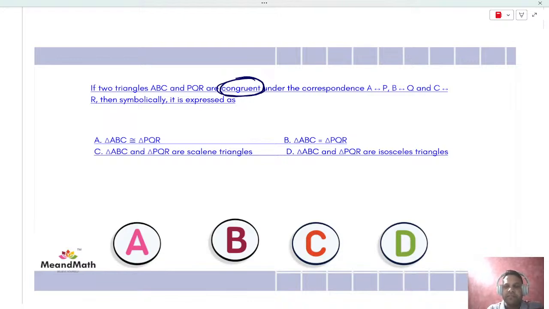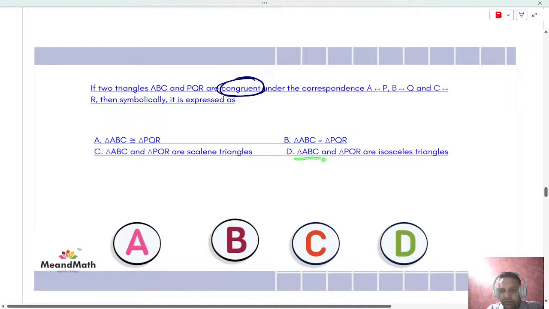We will discuss from the last option. Triangle ABC and triangle PQR as isosceles triangle.